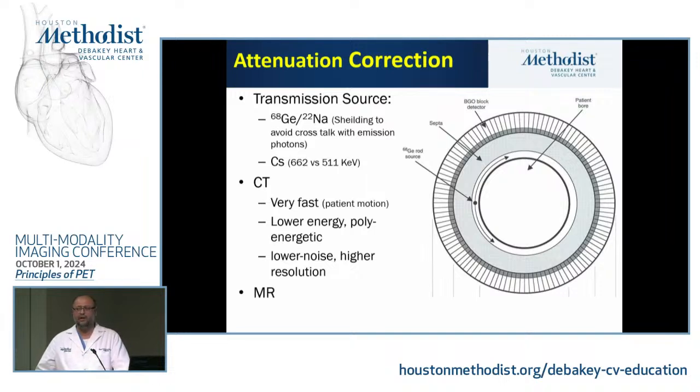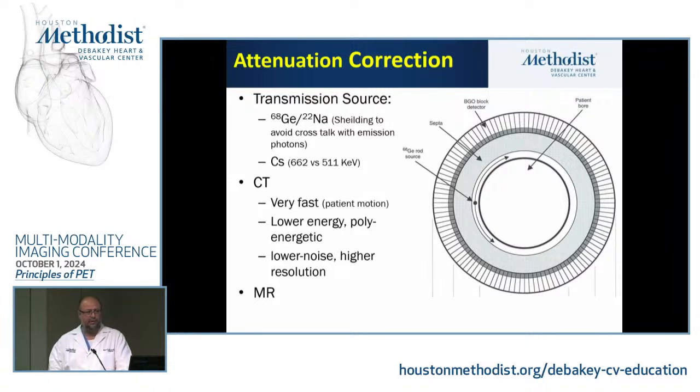In the market, there are a few PET-MRI systems, and you can create the same concept with MRI. You can generate a mu map for attenuation correction with MRI. They are not usually used in cardiology. They are primarily used for brain imaging and cancer imaging.